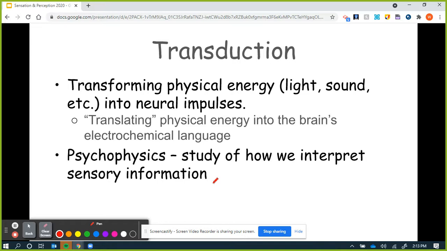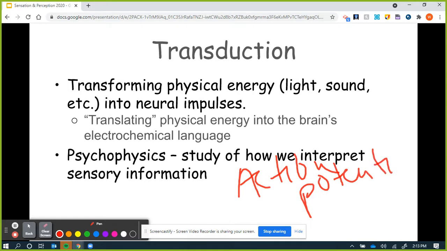Turning a physical energy into the brain's electrochemical communication that we talked about yesterday. Essentially, how does a light wave trigger an action potential? And then the study of this is called psychophysics.